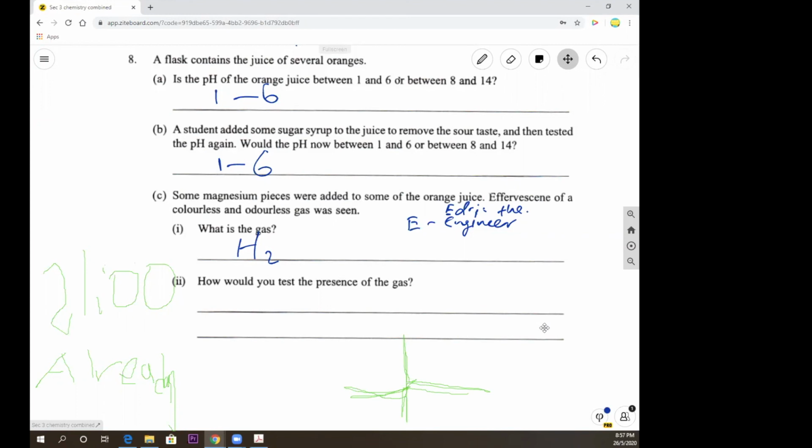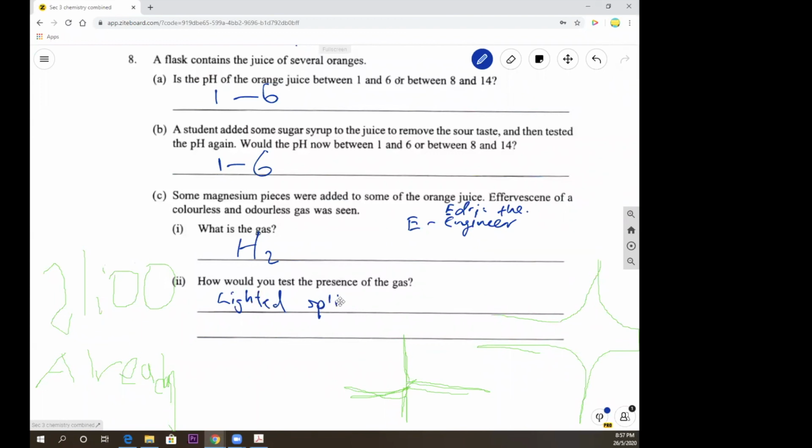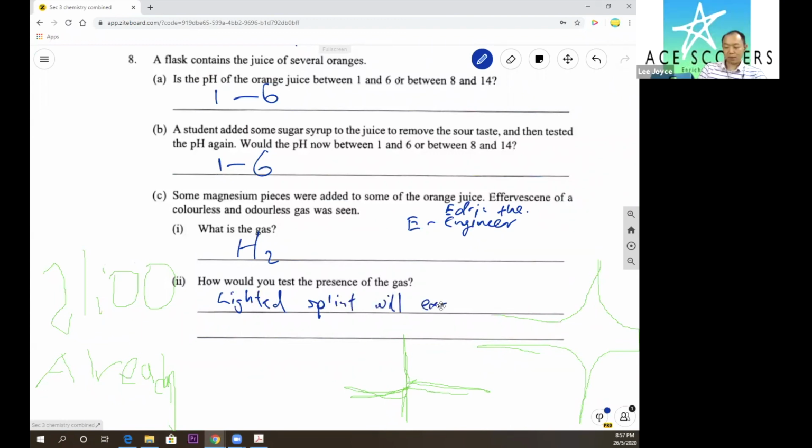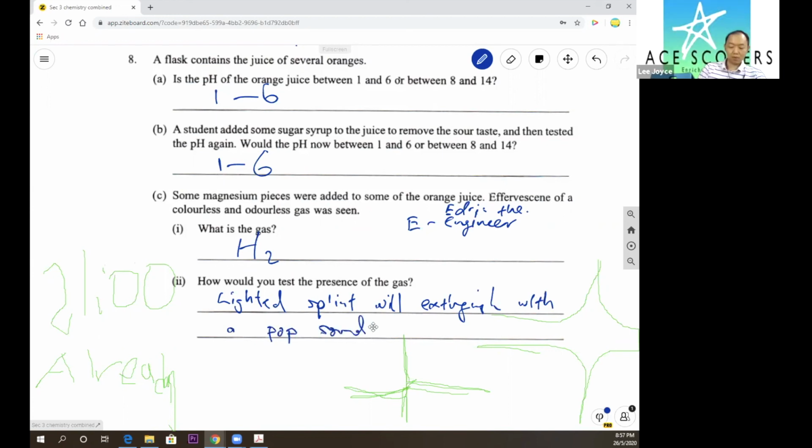So it's called the lighted splint. Lighted splint will extinguish with a pop sound. Popcorn. Next.